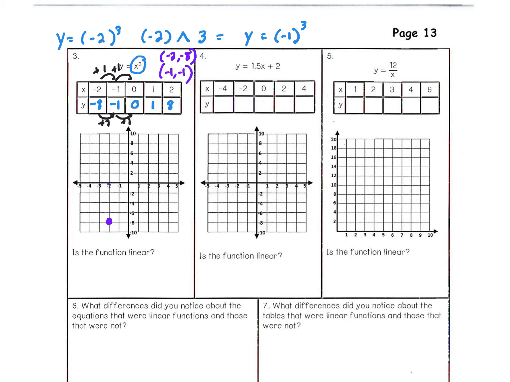So we're going to go -1, and -1 would be halfway in between here. 0, 0 is right at the origin, and now 1, 1 would be over 1, but up just a half because the y-axis is by 2s. And then this last ordered pair is 2, 8, so it's going to be placed here. So this is what this graph looks like.